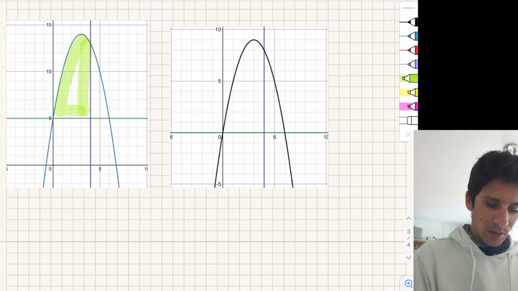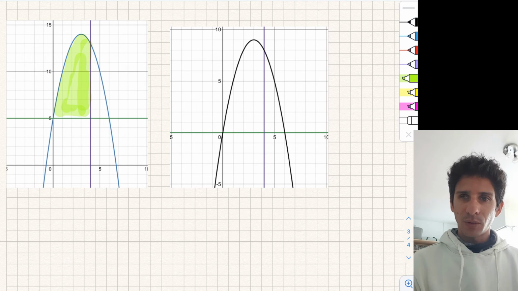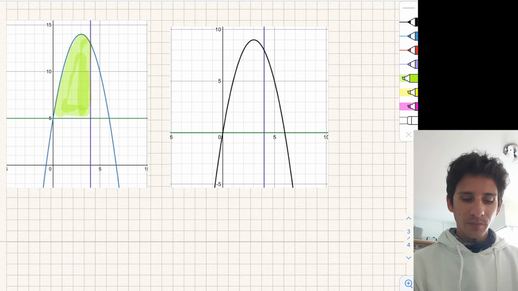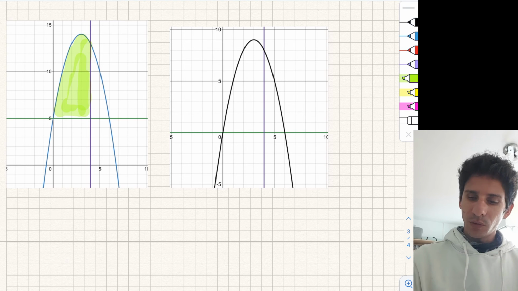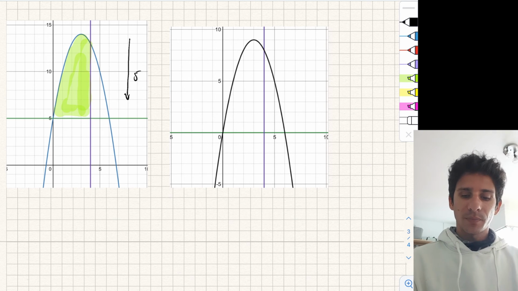Now, when we were looking at area before, we were looking at these areas bound by the x-axis. Except now we're not looking at it bound by the x-axis. However, if you think about this problem, if you had to move that entire graph down 5 units, so if we moved everything here down 5 units, what we end up with is the graph on the right.